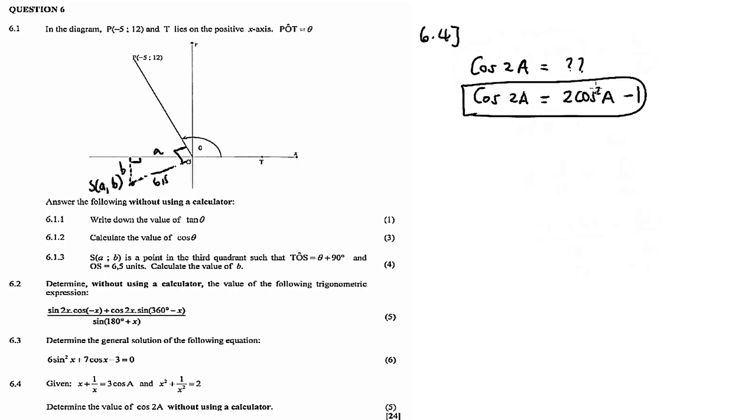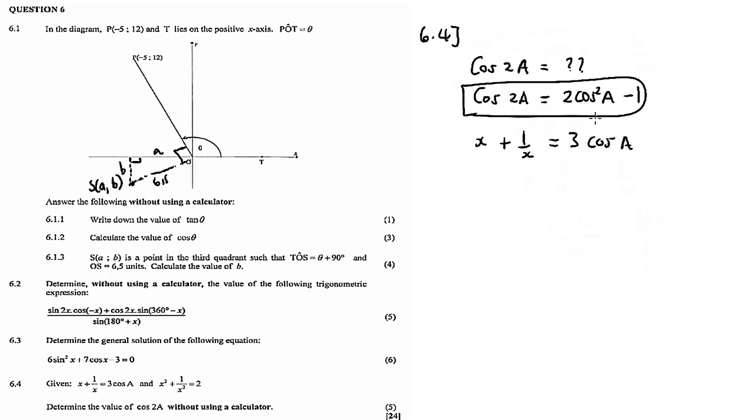We will take, because of the cos squared in my double angle identity for cos, this equation, and I square it so that I get this cos squared a. So I say x plus 1 over x equal to 3 cos a.